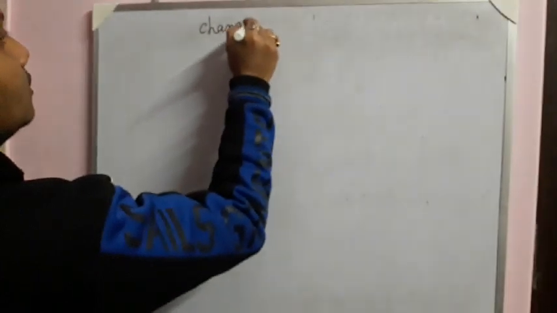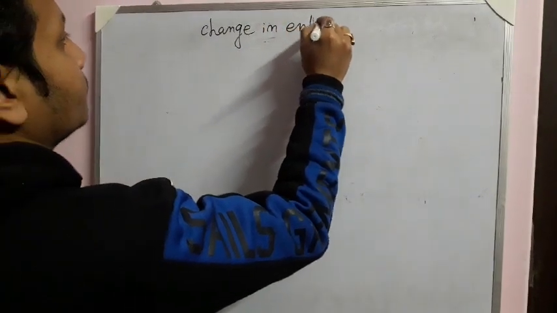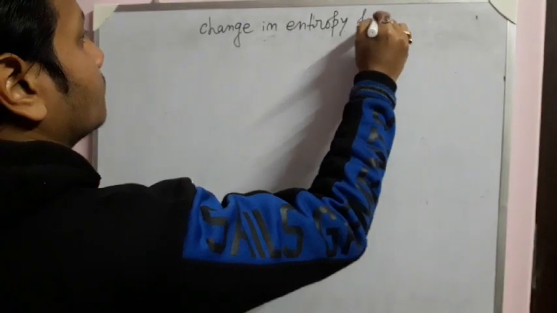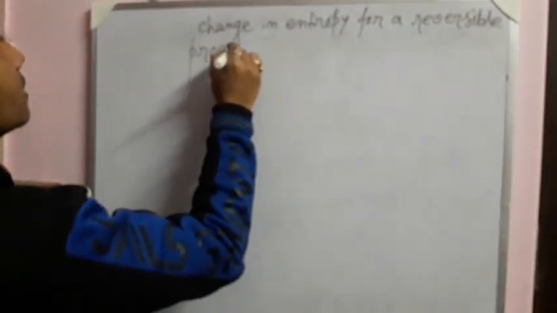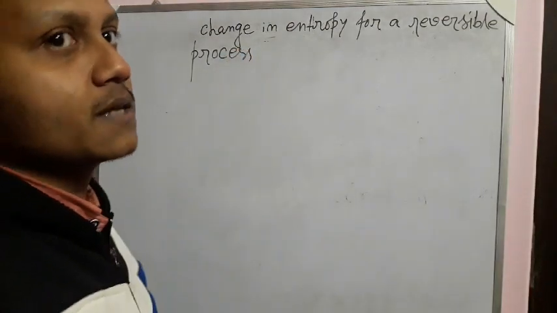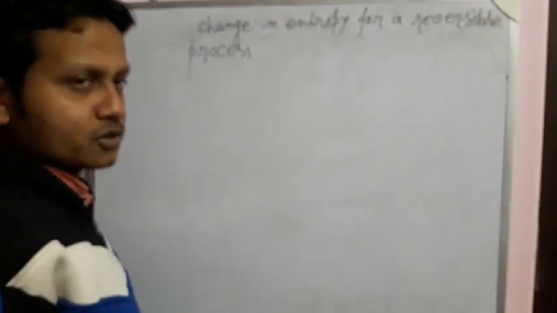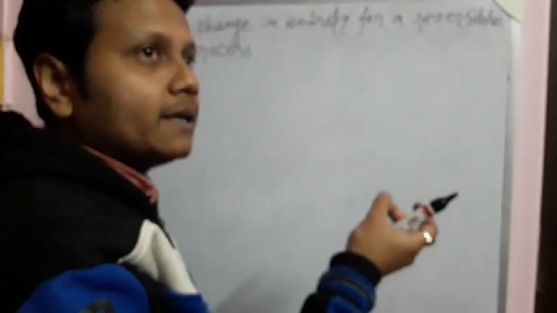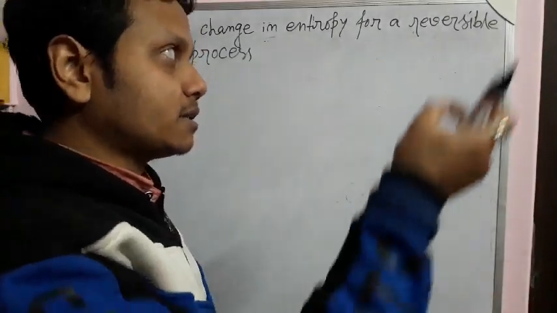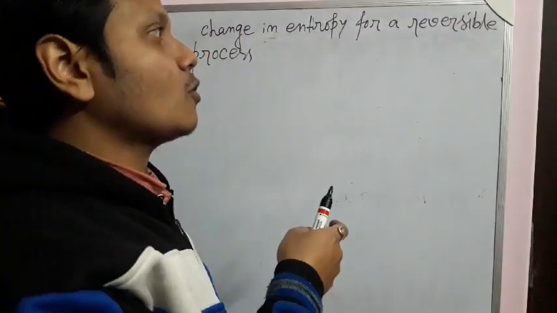So, change in entropy for a reversible process. A reversible process means the process that can be retraced in the opposite direction, so that the working substance can undergo the same amount of change as it does in the direct process. Starting from a particular point, the system can reach the initial point again.